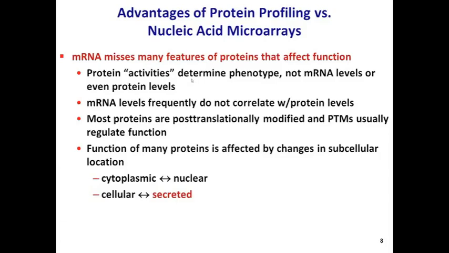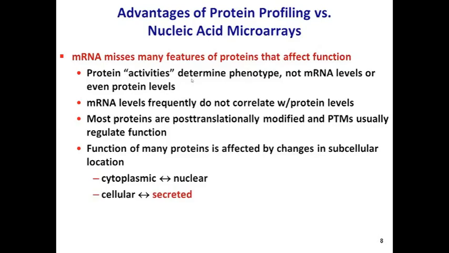Proteomics provides some advantages over nucleotide methods, nucleic acid methods, including microarrays and deep sequencing. Protein activities, as mentioned previously, actually define the phenotype, but messenger RNA levels and not even protein levels will necessarily always correlate with the protein activity.